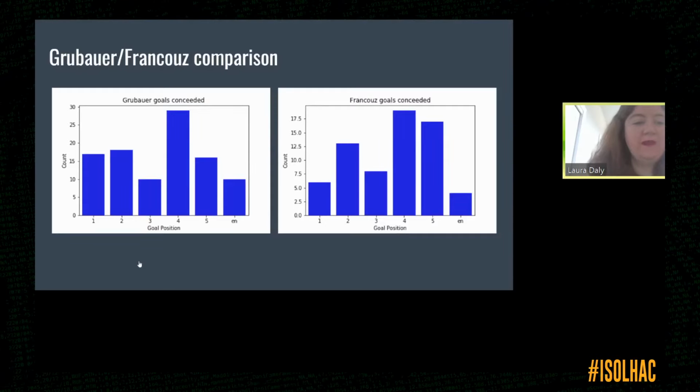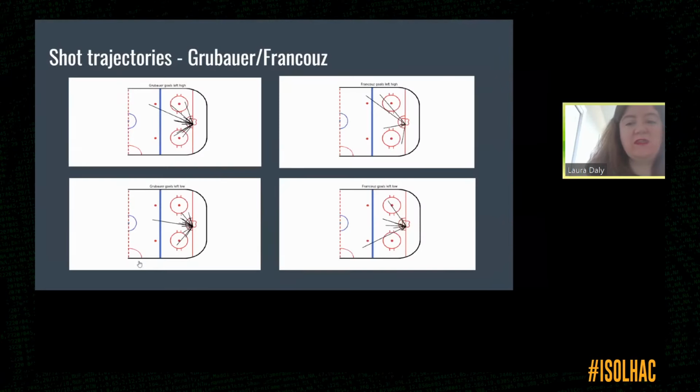In terms of plotting the shots, for goals conceded by the goalkeeper on the left high side, the majority of goals on the left low side seem to come from the right hand side of the rink. There's more distribution on the left high.